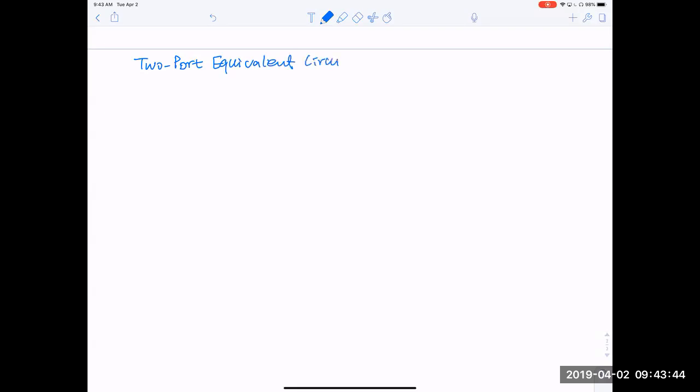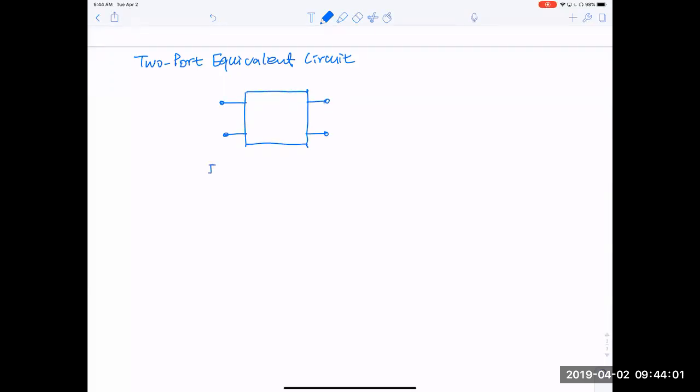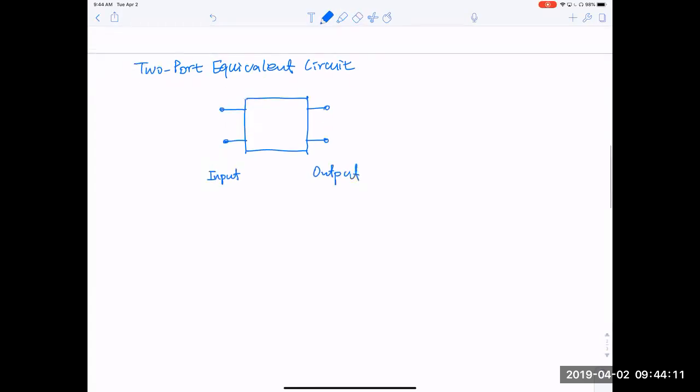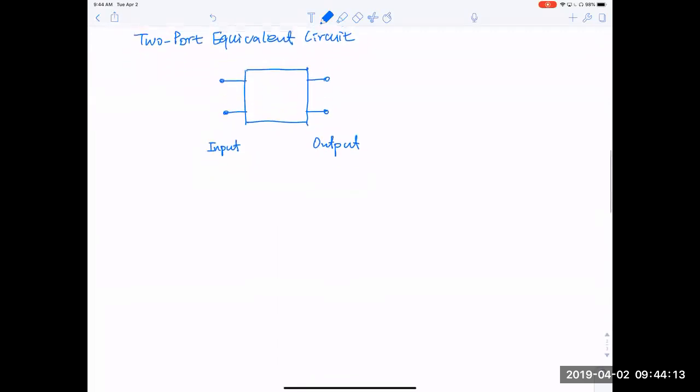For amplifiers, we care about input and output, therefore it is usually a two-port circuit. By now, you know that one port means a pair of terminals. So this is the input port, and this is the output port. Generally, you have input and you have output. And again, these are small signal models, so these generally apply to AC signals.